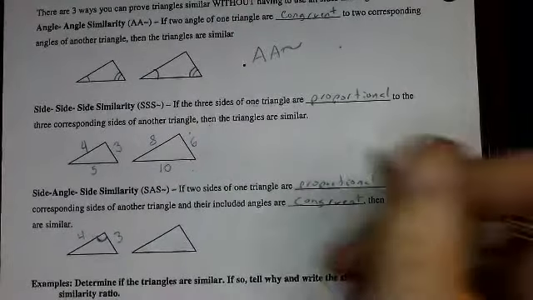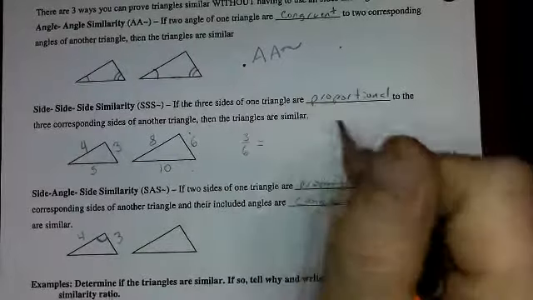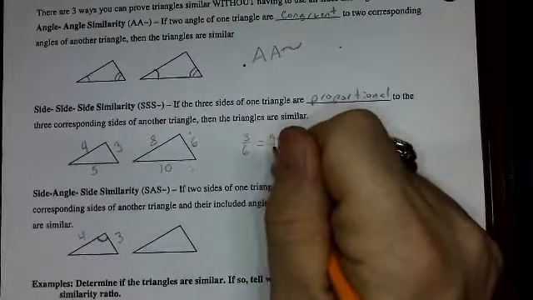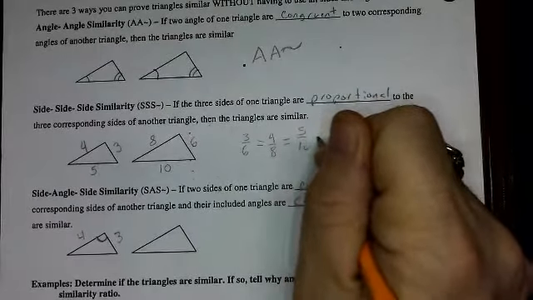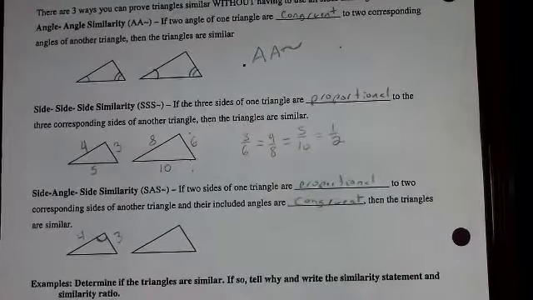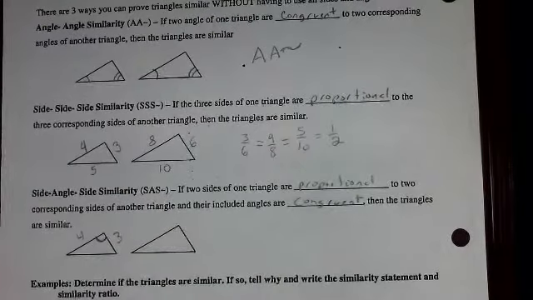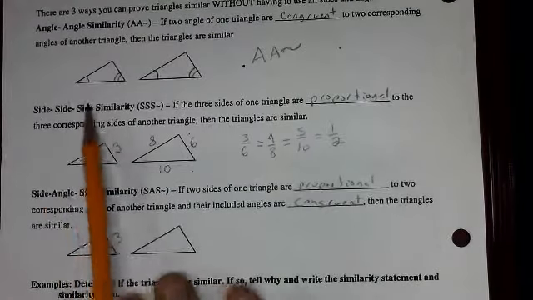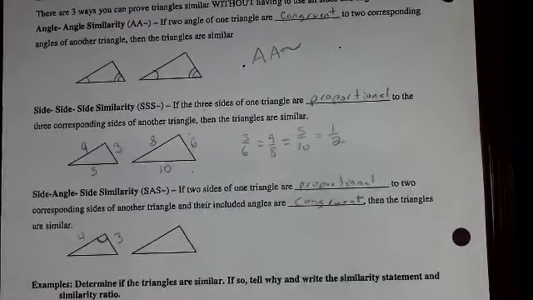Well, that's going to create a ratio. So 3 over 6 is the same thing as 4 over 8, which is the same thing as 5 over 10, because all of these equal 1/2. And so these would then be similar based on side-side-side similarity, because all 3 sides are proportional.